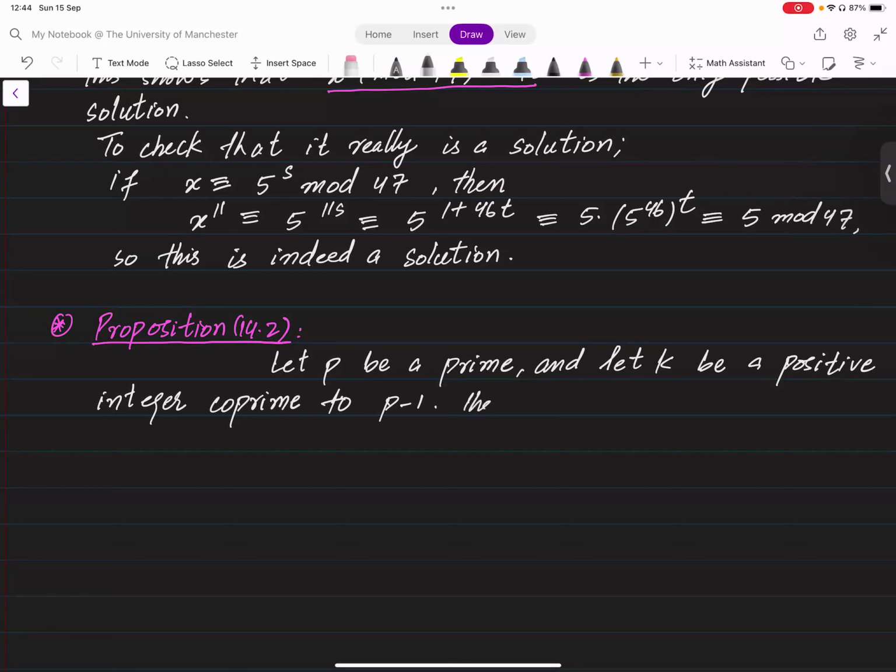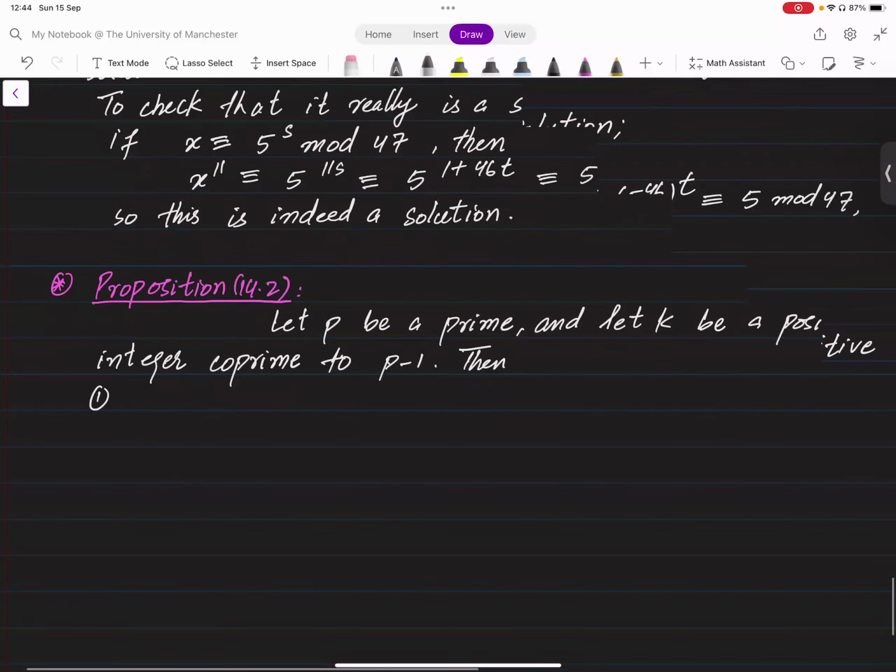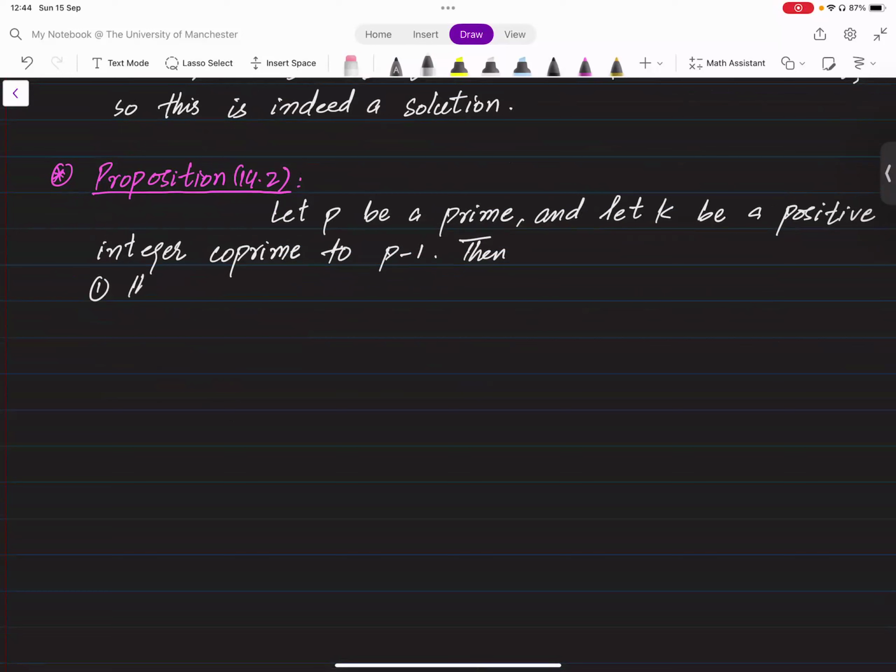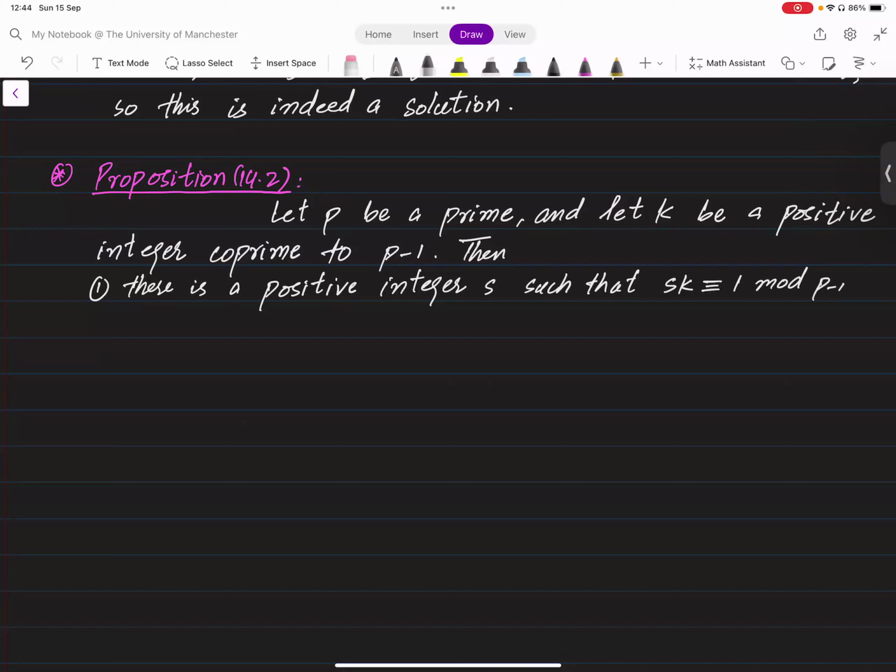Then, 1: there is a positive integer s such that sk is congruent to 1 mod p minus 1.